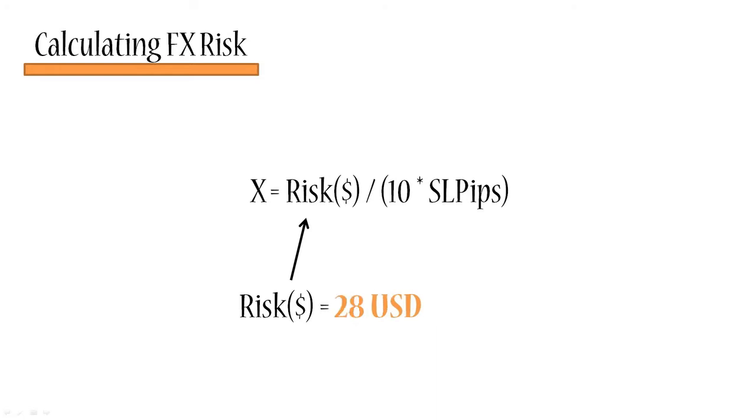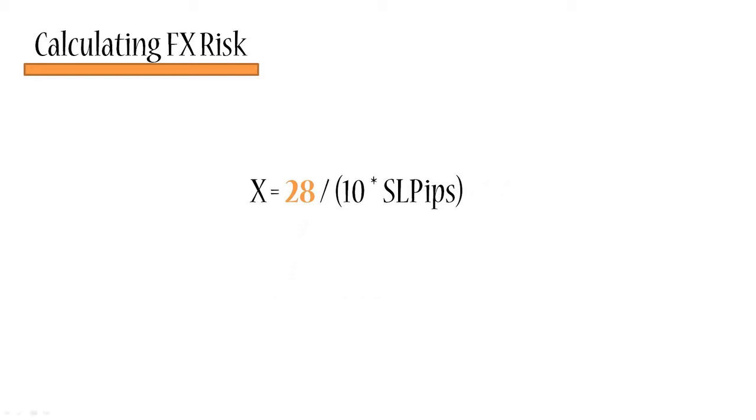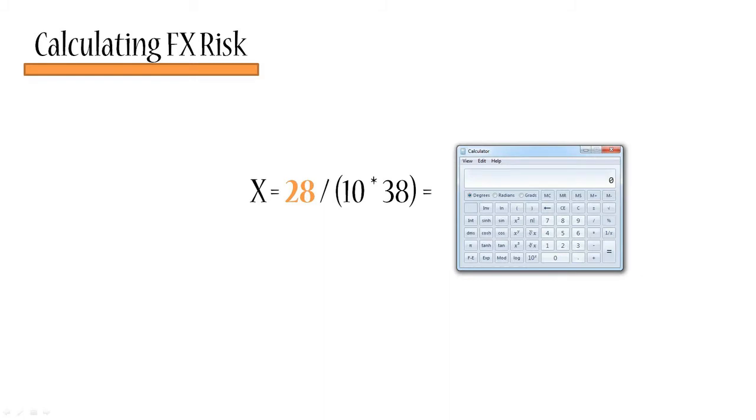Let's put that into the equation. The last thing we've got to input is the stop loss in pips, and that's about 38 pips. So let's input that now. That gives us, let's bring up the calculator, 28 divided by 10 times 38.